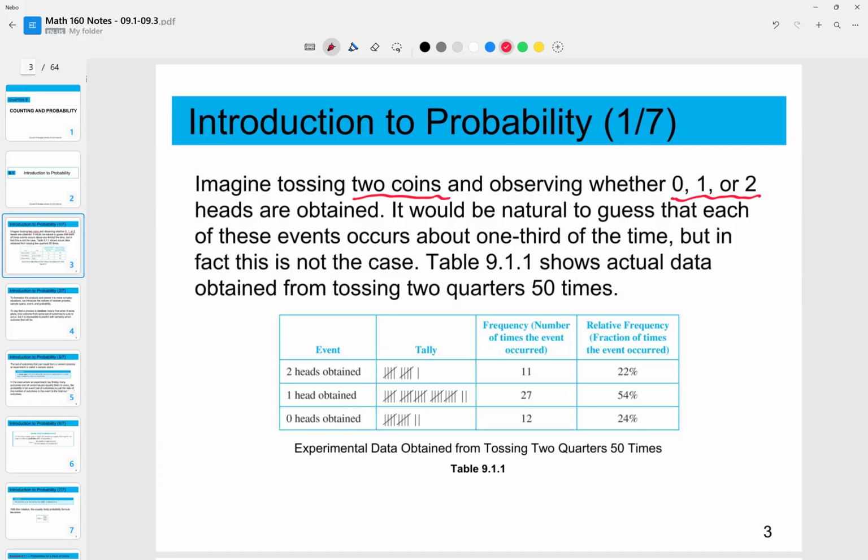Two heads came up 11 times, one head came up 27 times, and zero heads came up 12 times. Because when you flip a coin, you could have head head, or tail head, or tail tail, or head tail. So in this case there's zero heads, this case there's one head, this case there's one head, and in this case there's two heads. Those are the different possibilities that we have over here.